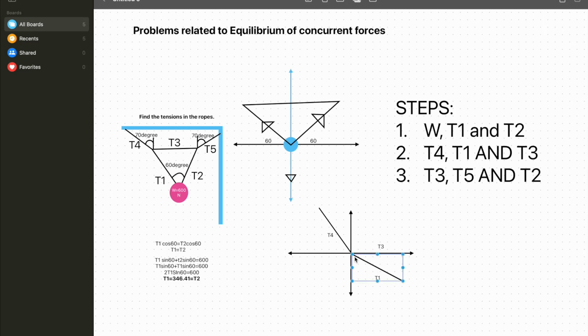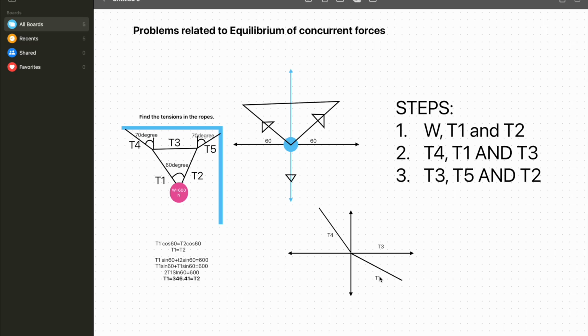So the horizontal component of T1 is working at the same direction as T3. Like the horizontal component of the first tension is working at the same direction where the third tension itself is working.